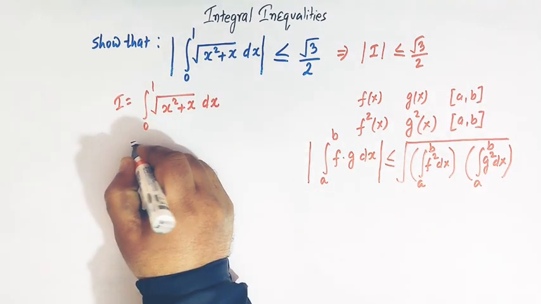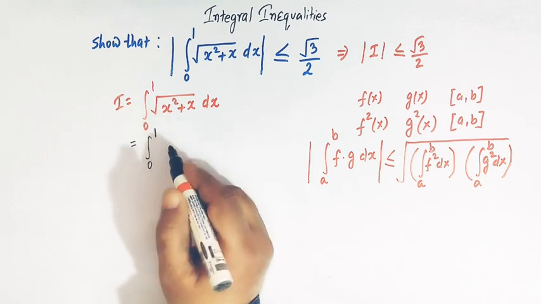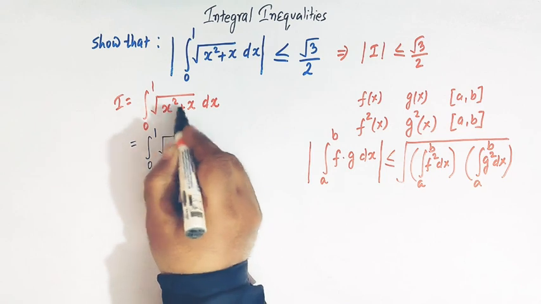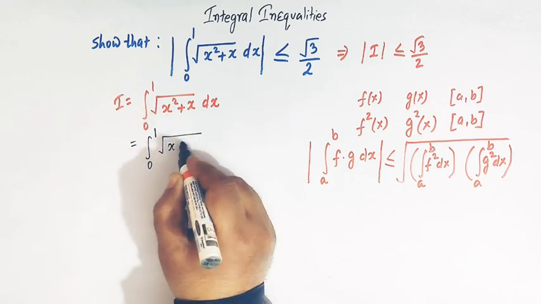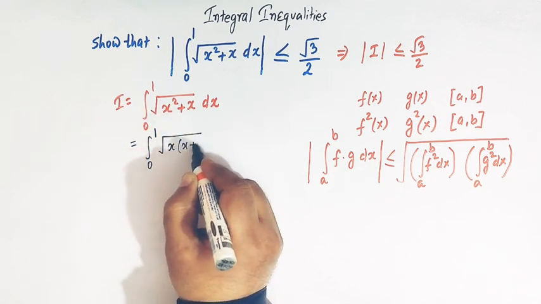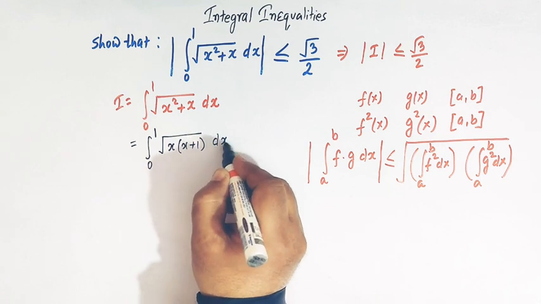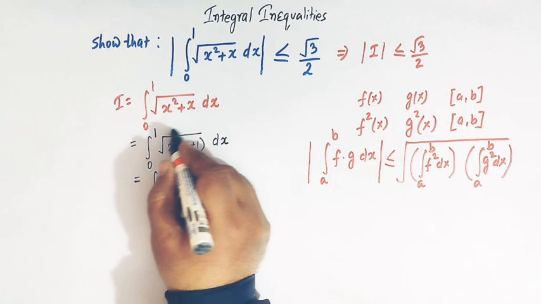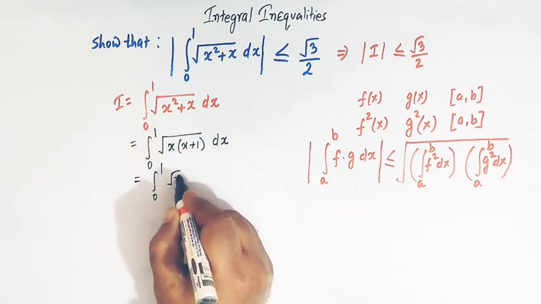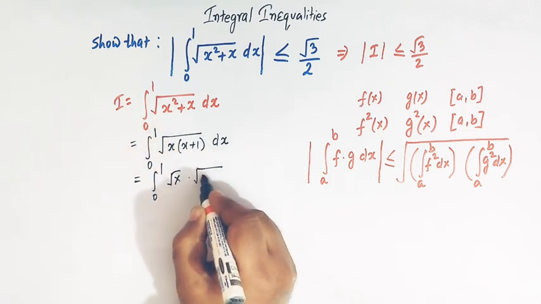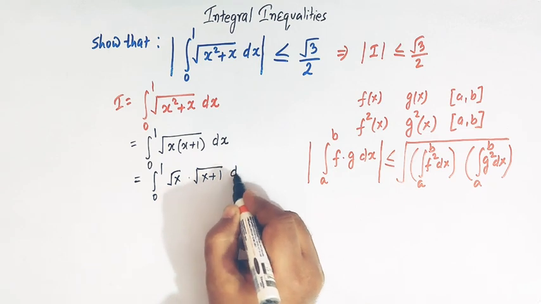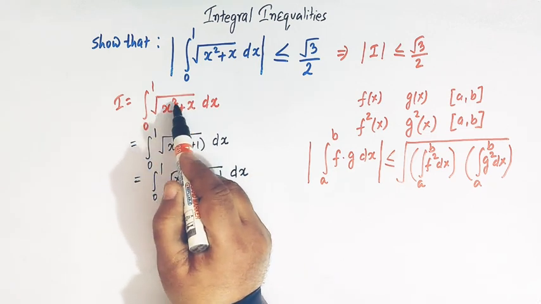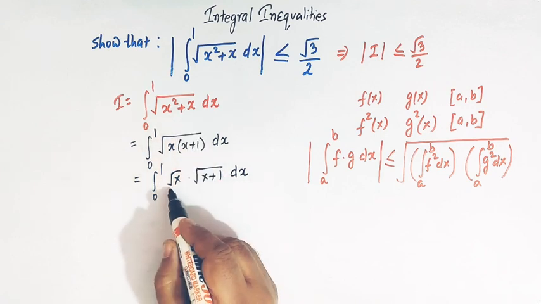Now let us concentrate on this integrand. Here we have square root of x square plus x, which can be written as x times x plus 1, and here we have dx, right? We can further write this integrand as square root of x times square root of x plus 1 dx. Why have we expressed square root of x square plus x like this?